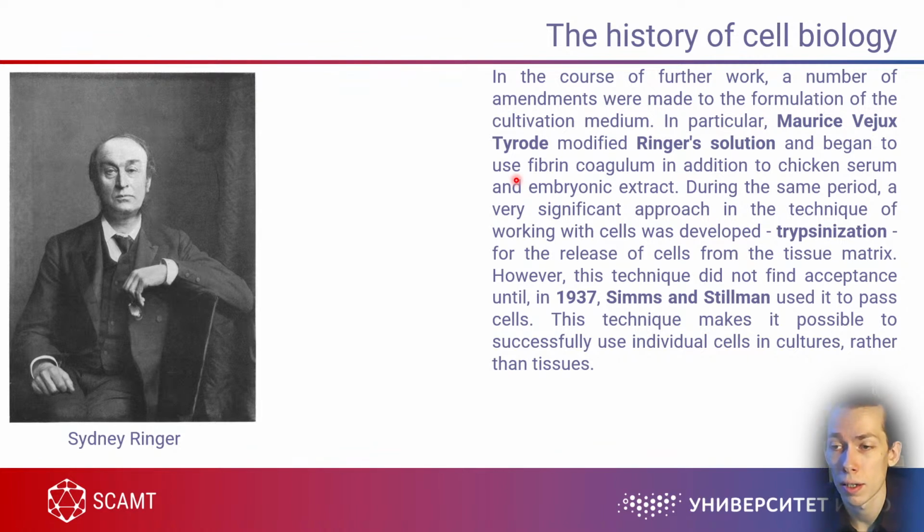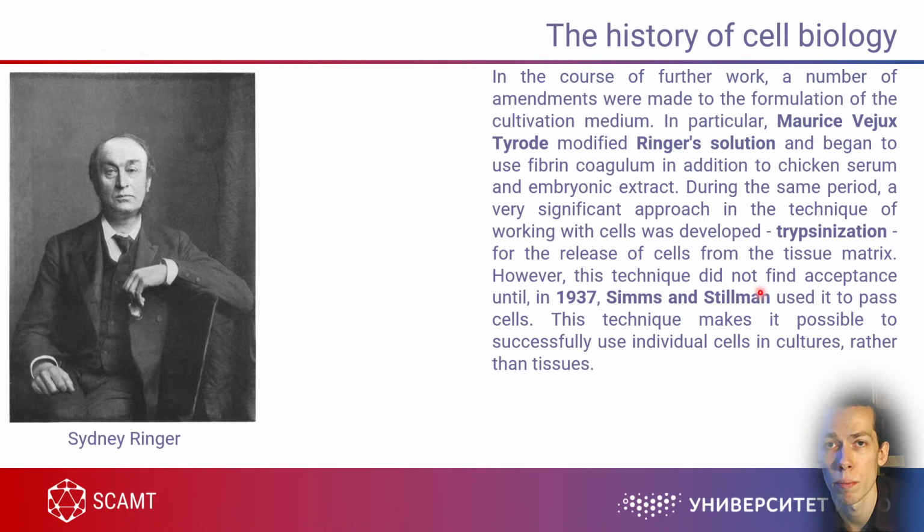And during these years trypsinization was developed, which is very important to dissolve connections between cells. It was a huge step, because before the discovery of trypsinization, most scientists used tissues, not separate cells.